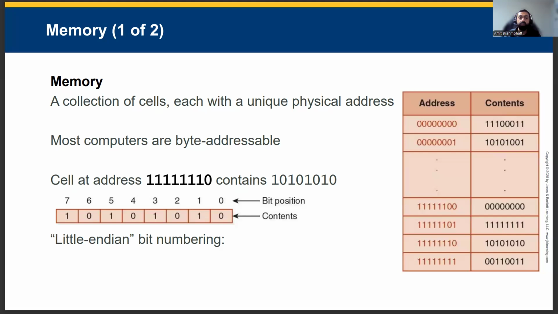We often number bits little endian: least significant bit is bit 0. The table on the right shows addresses, and the right column is the contents of those addresses.